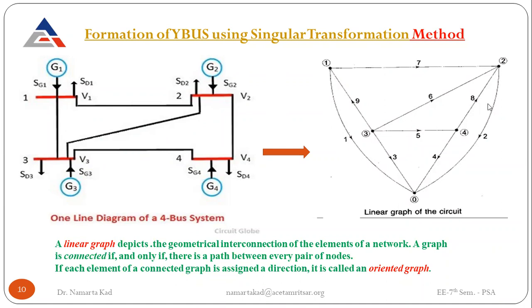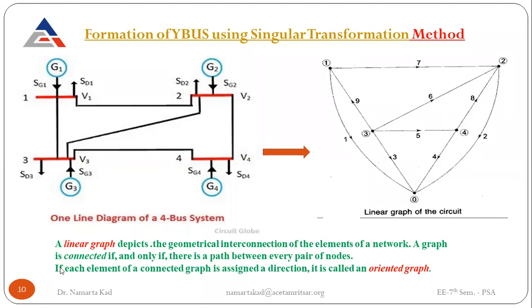No node remains open. Although there is no connection between 1 and 4, node 1 has its connection with 2, 3, and 0. That means node 1 is not a separate node, it is connected with other nodes. So that's why it is called a connected linear graph.